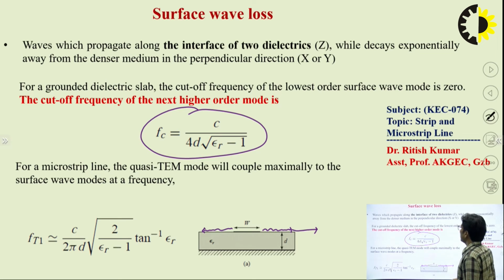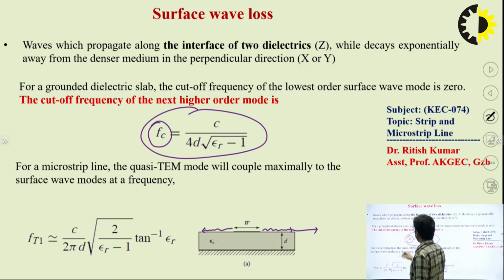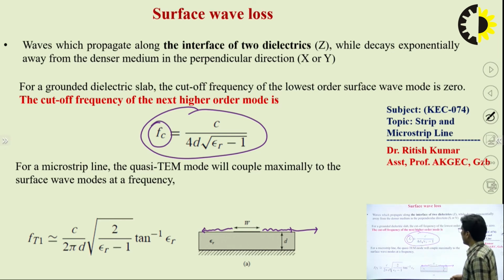This is the cutoff frequency of the surface wave, and after this cutoff frequency, more surface waves will occur. To have fewer surface waves, this cutoff frequency should be as high as possible.